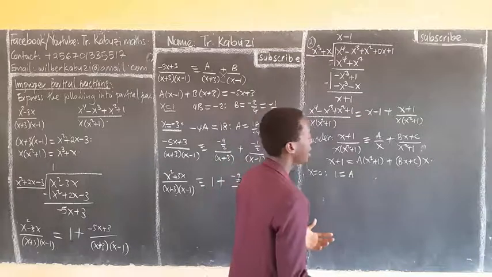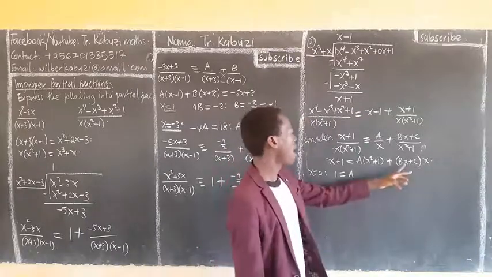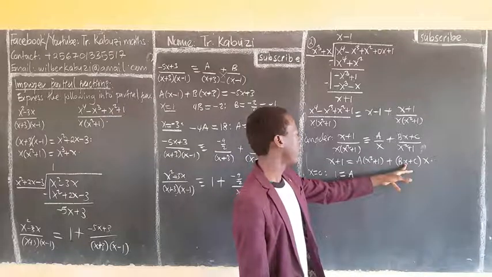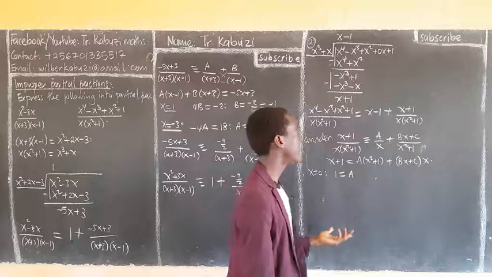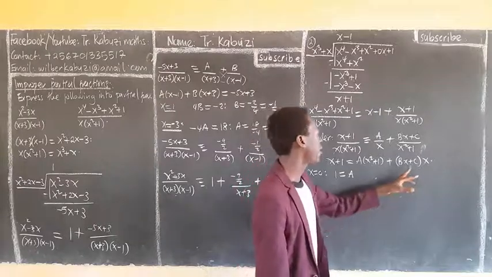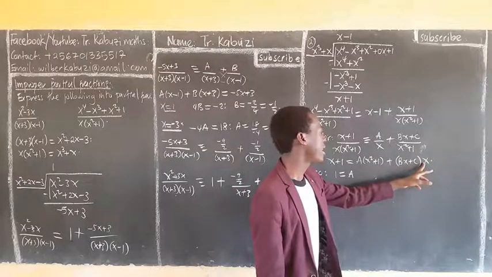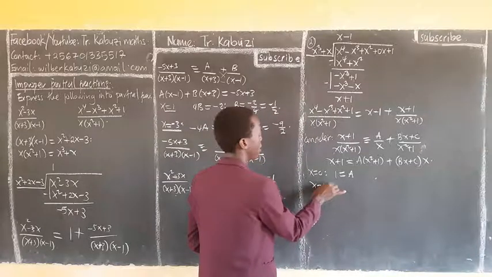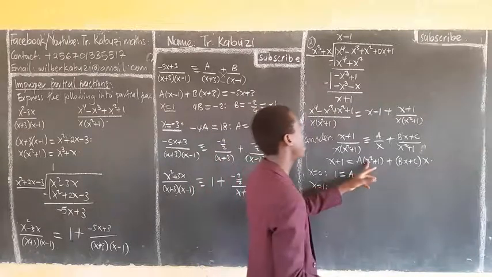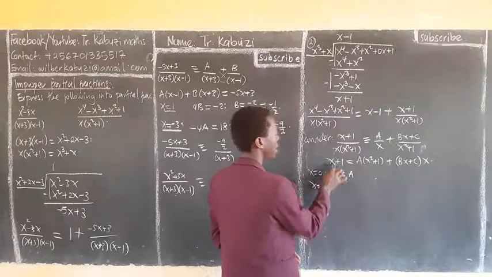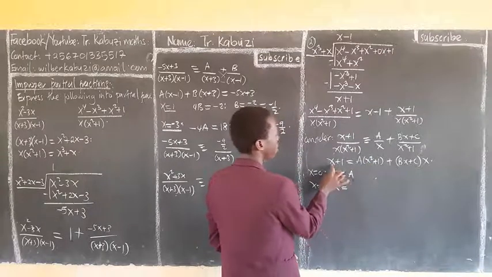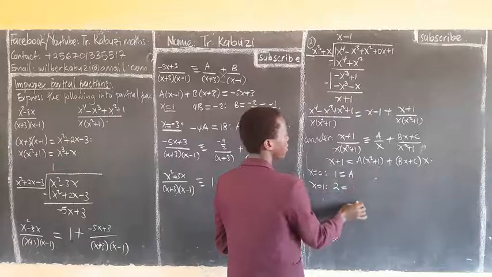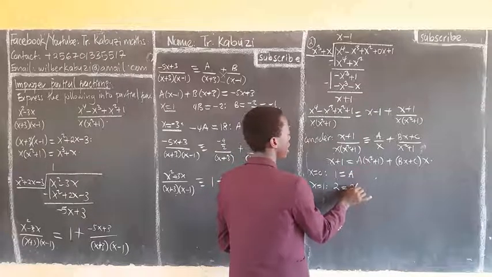The other thing is now, I want to remove B. When I want to remove B, still x will be 0, so that one is not going to work for me. So I can say, when x is 1, here I have 1 squared plus 1. This side I have 2, 1 plus 1 which is 2 because x is 1. Here I have 1 plus this, which will give me still 2A.